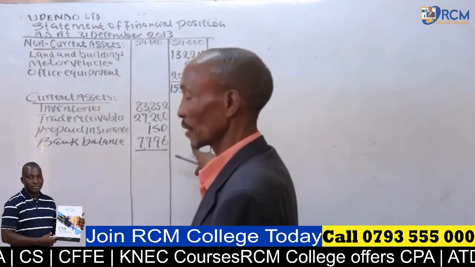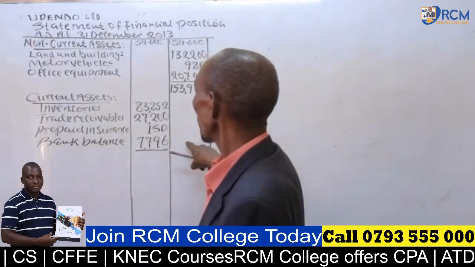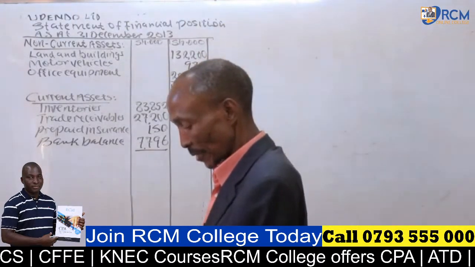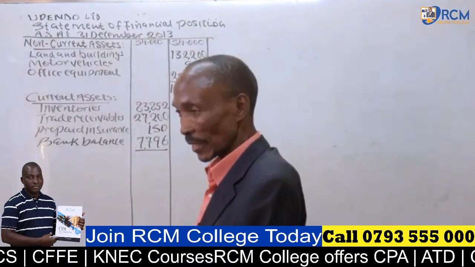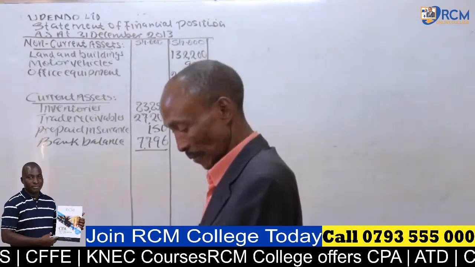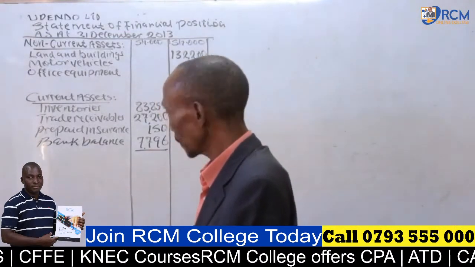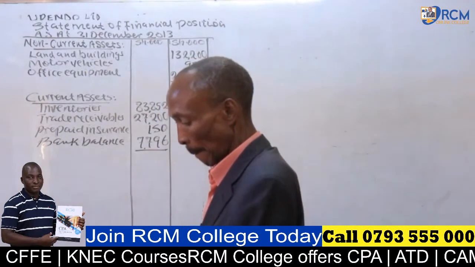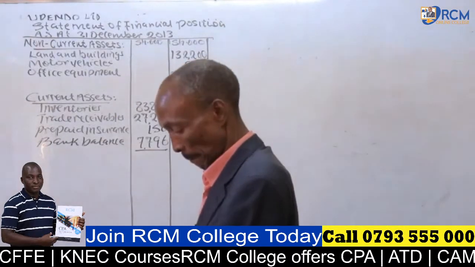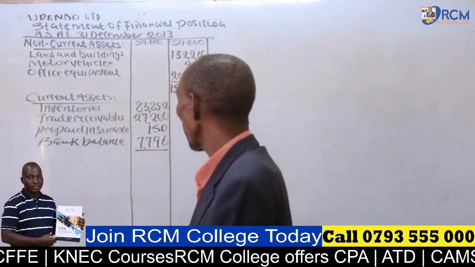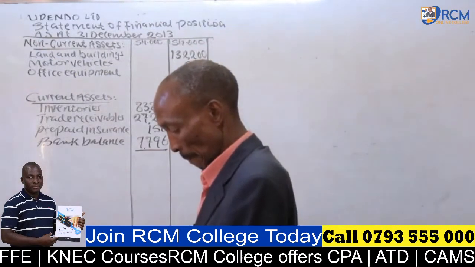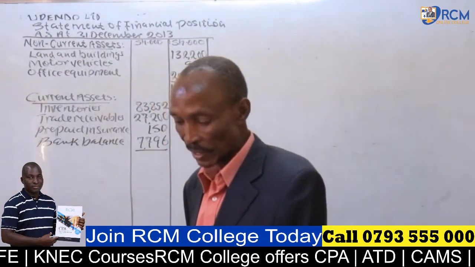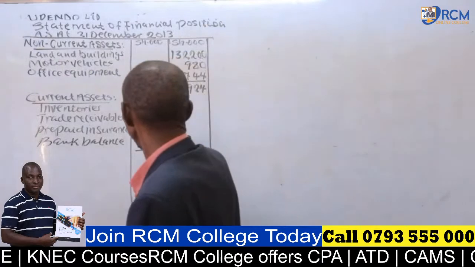So what follows is that I'm trying to demonstrate how we go about it. We add this, and the sum of the current assets should be added to the non-current assets. I'm saying that in case someone is looking at this for the first time, we have the total of the current assets, 118,998.